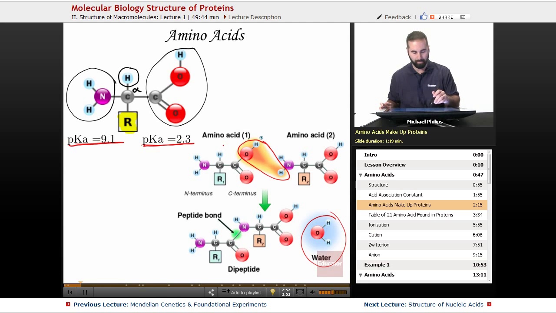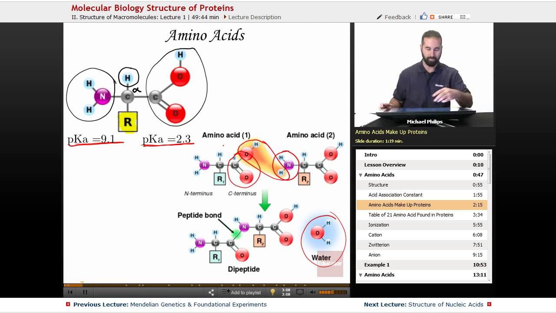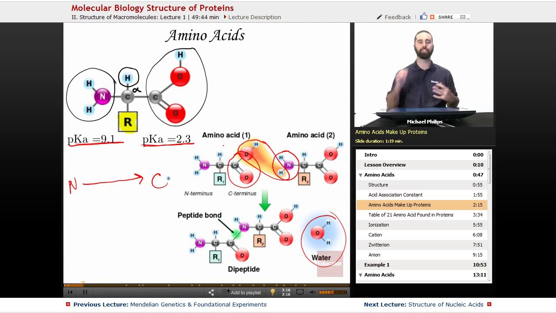As we can see here, the N-terminal portion of amino acid 2 always comes in and makes its bond to the C-terminal portion of amino acid 1. That's why amino acids follow an N to C-terminal orientation. So a protein is N to C: the N-terminal amino acid is the first amino acid that's put in, and the C-terminal amino acid is the last one that's put in.